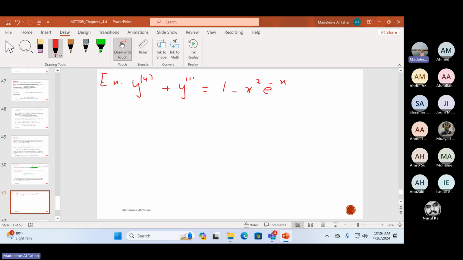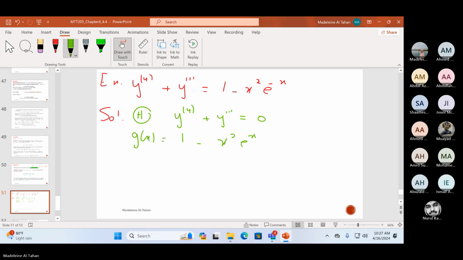Identify first your g of x, how many functions we should divide it into, and your homogeneous part. Can we start with this?